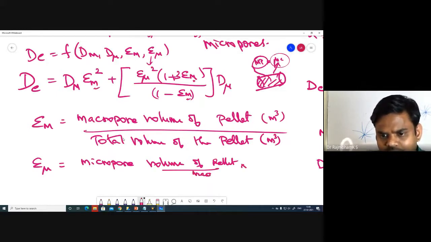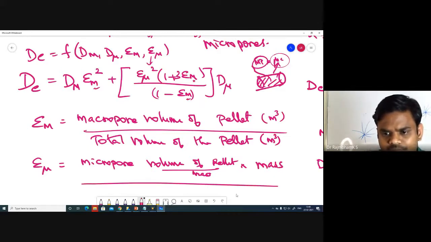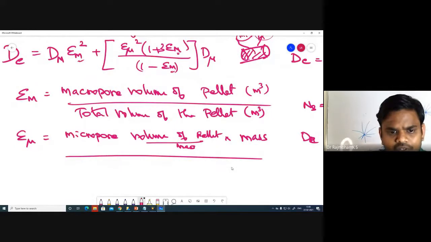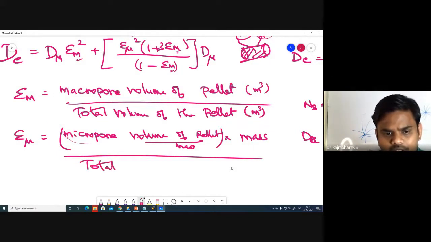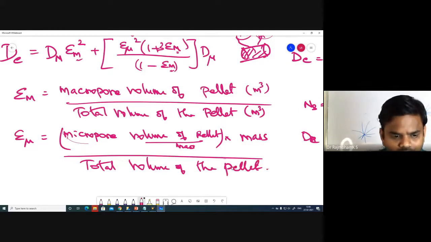So whatever mass we are using, we have to determine the mass of the pellet divided by the total volume of the pellet, so this data will be known. So this epsilon m and epsilon mu are to be used.